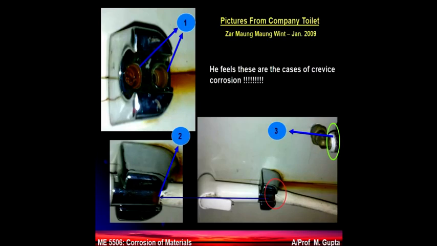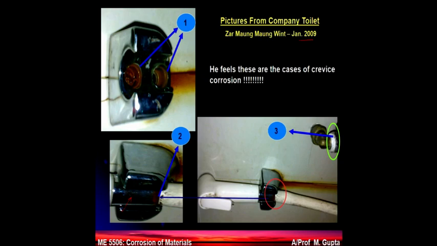Now this picture was given by one of the students like you who attended in 2009, and he took this picture from the toilet zone. This was the kind of fitting that he observed in there. Once you remove this part, which I am marking by arrow, you see these two holes here. Inside the holes you are seeing a brown color rust, so it's corroding.